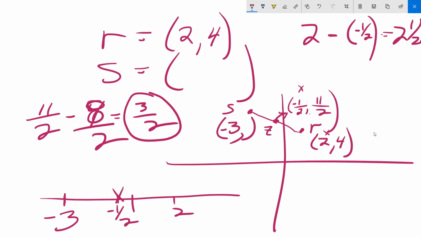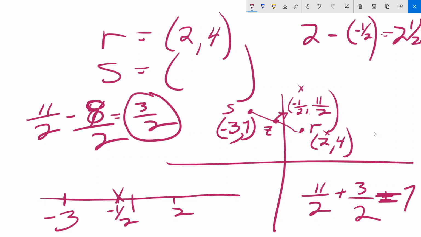Okay. So I have 11 halves is where I'm at. I'm adding 3 halves to that. What do I get? 14 halves. Yeah. Just 7. So that point is (-3, 7).